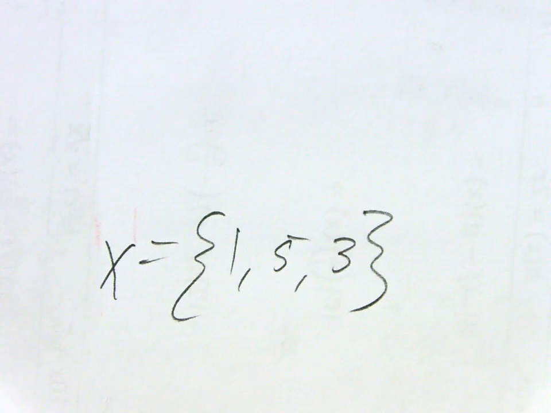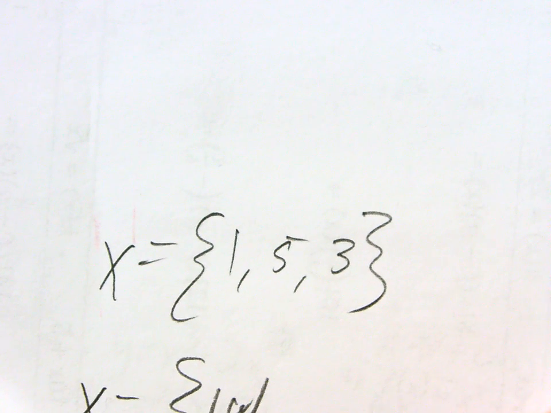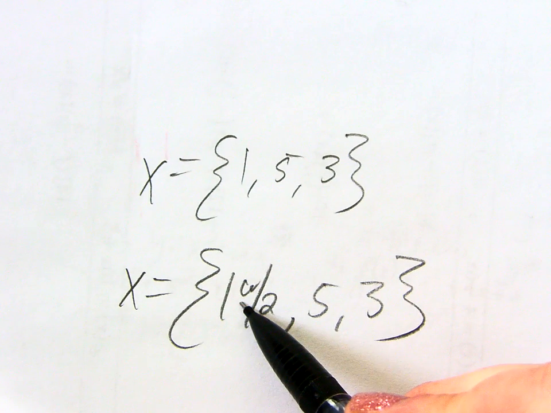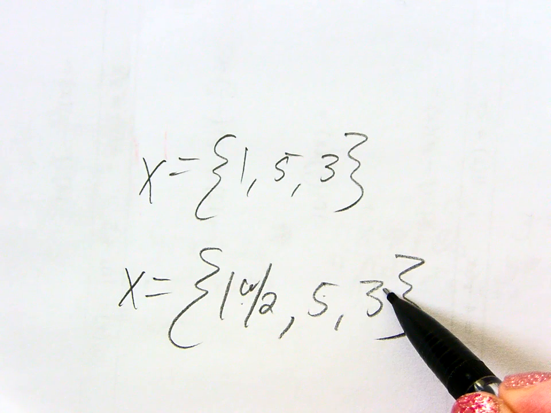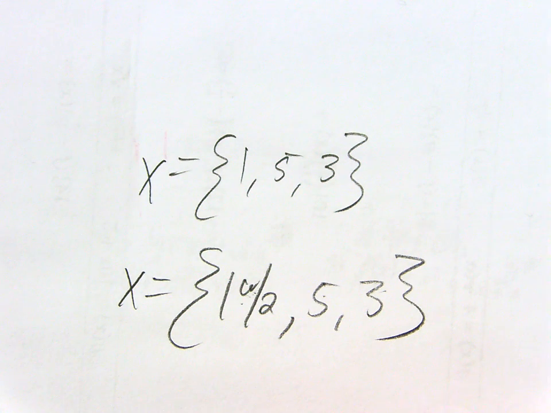If I had 1 with a multiplicity of 2, 5, and 3, what's going to happen here is that it's going to just touch at 1. It will cross at 5 and 3. But if I have a double root, it's just going to touch right there. It's not going to cross through.